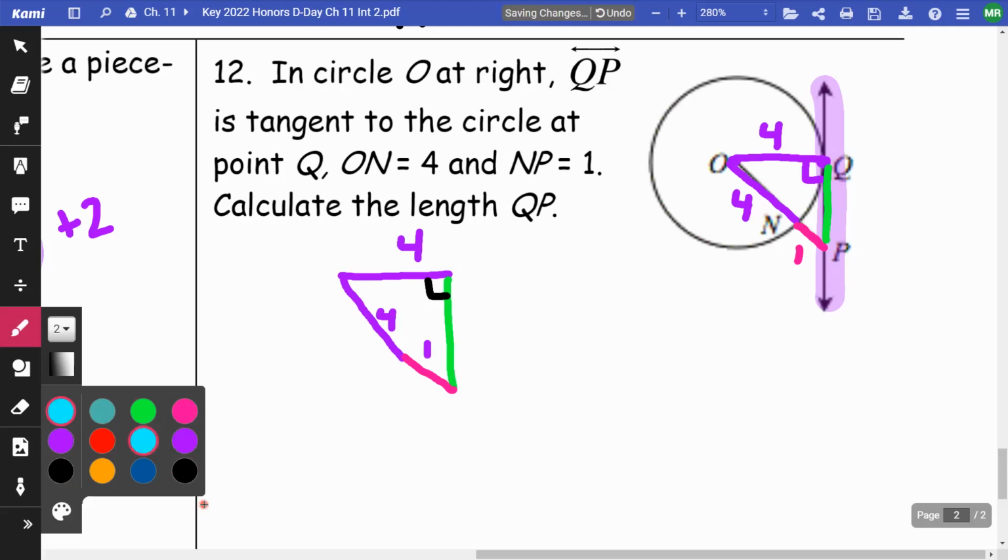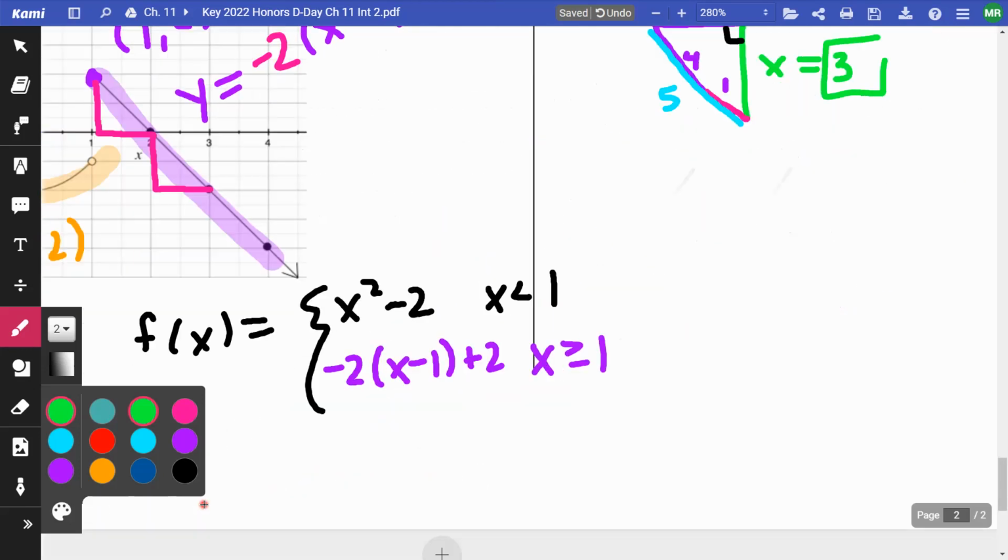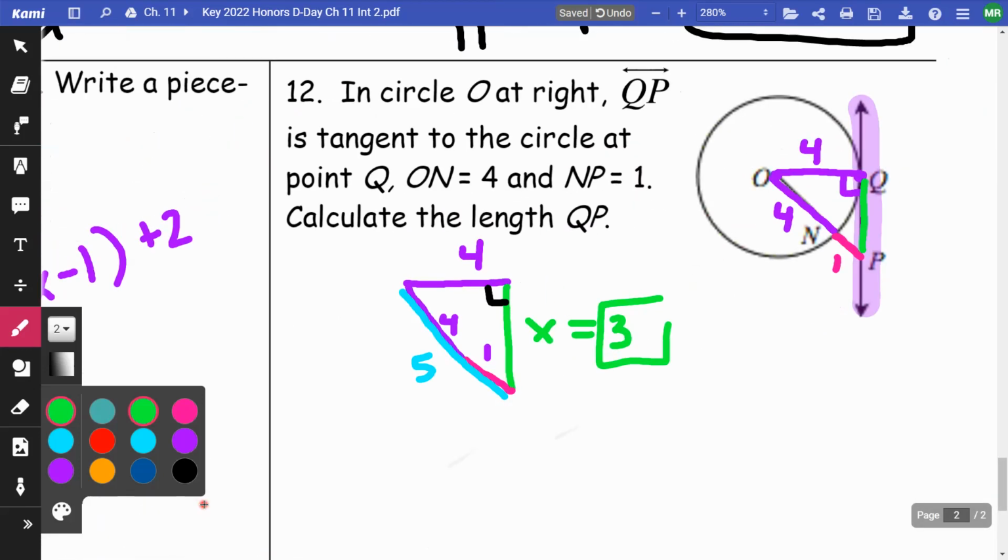So that means this whole entire thing is going to be a 5. And I need to find the green. Let's just call it x. So I'm going to do Pythagorean, but I think we'll recognize this as a 3, 4, 5 right triangle. So that answer is going to be 3. And that's the end of the video.